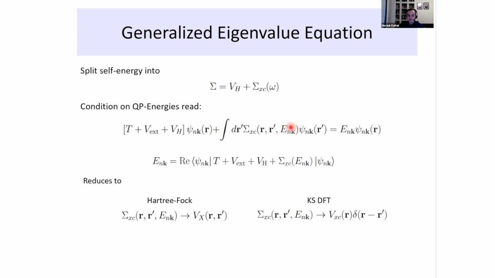Now, the conditions for the poles for this equation can also be given by this expression, but what I wanted to remind you of is that if you replace this self-energy now by Hartree-Fock, so you get rid of this energy dependence, you get the exact exchange, you get the Hartree-Fock equations. And similarly, if you replace this function by a local one, which is energy independent, you get the Kohn-Sham eigenvalue equation. So this is quite neat and comforting.